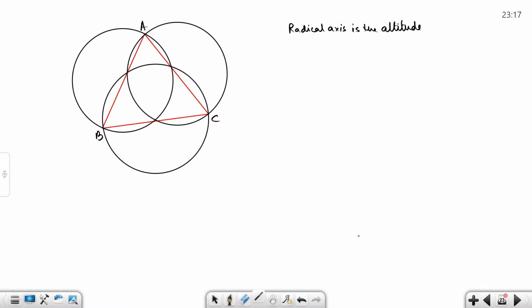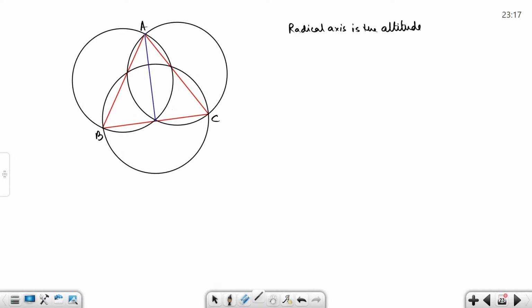Now let me draw the first radical axis, or in this case the common chord also. So this is our common chord. This blue line is the common chord, or you can say it's a radical axis.